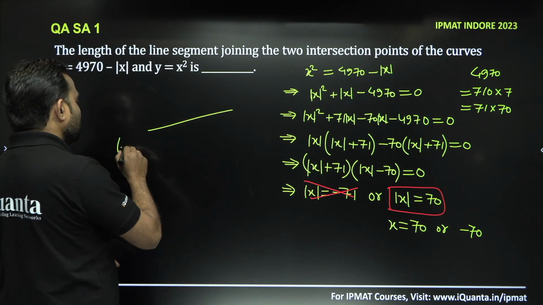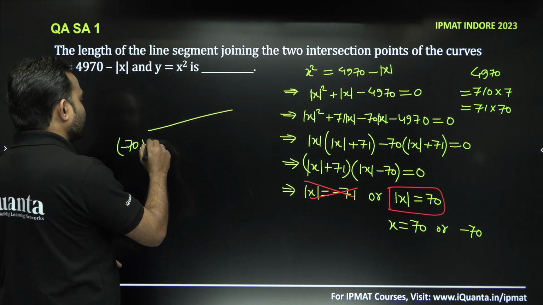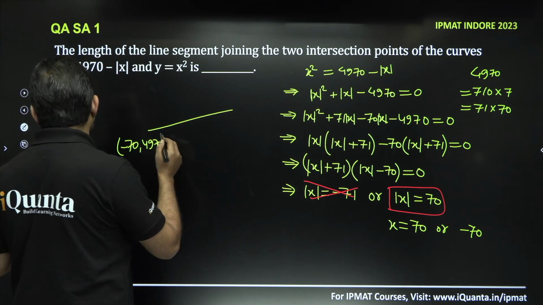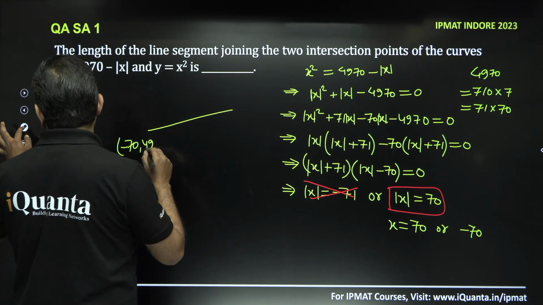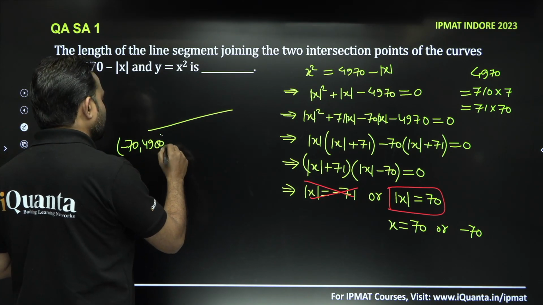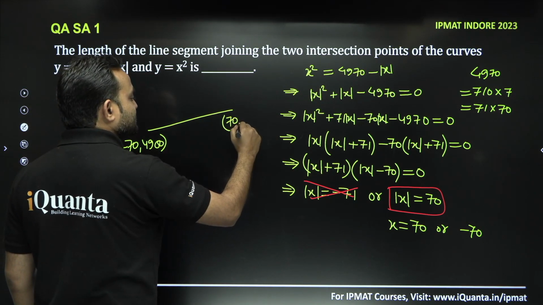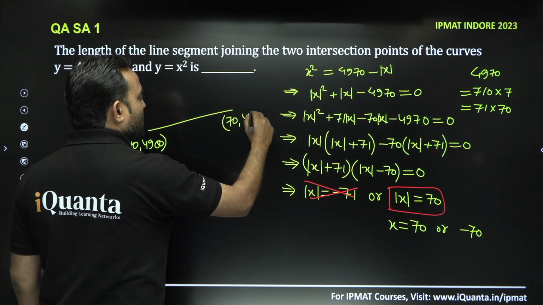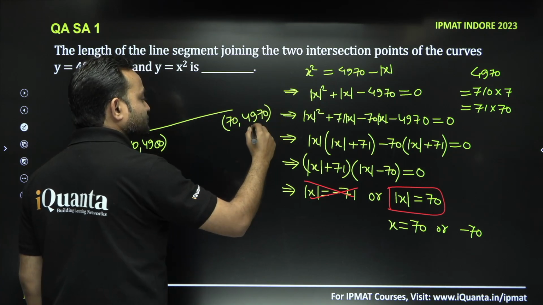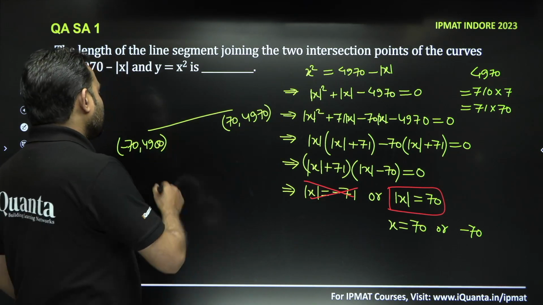One of them is minus 70, 4900, because y will be 4900 when x is minus 70, and then another point is when x is 70, y is 4900, like this. So what will be the distance?